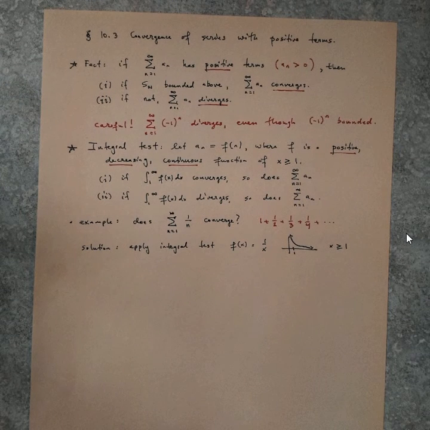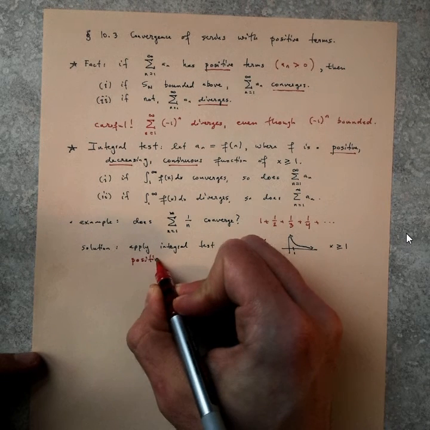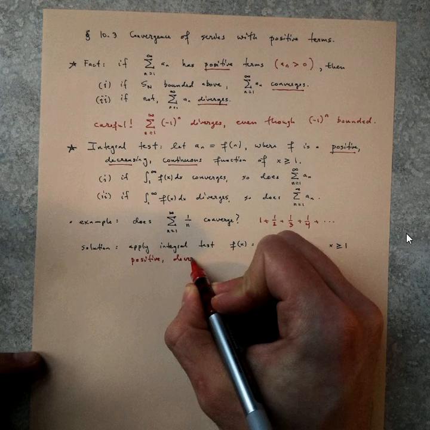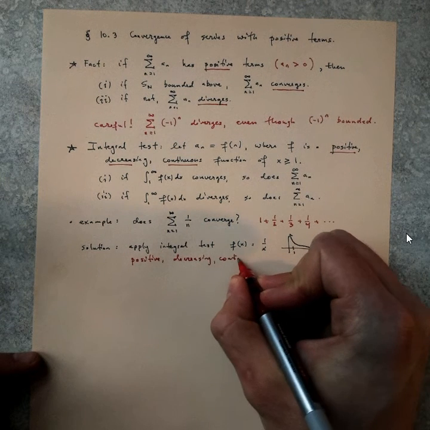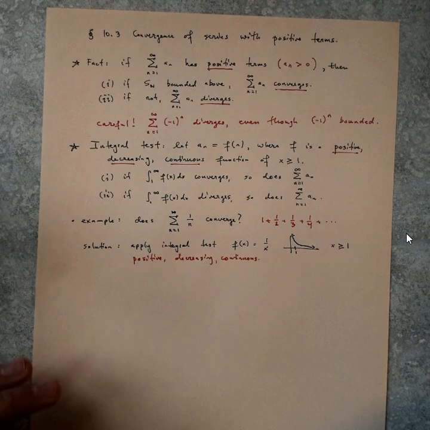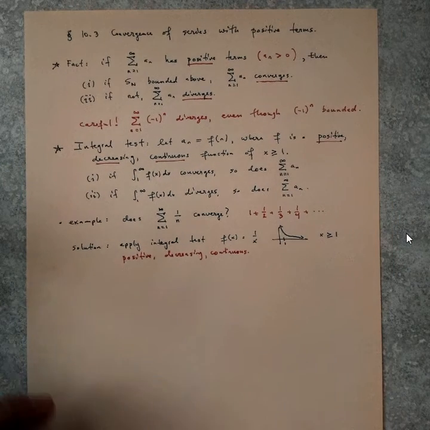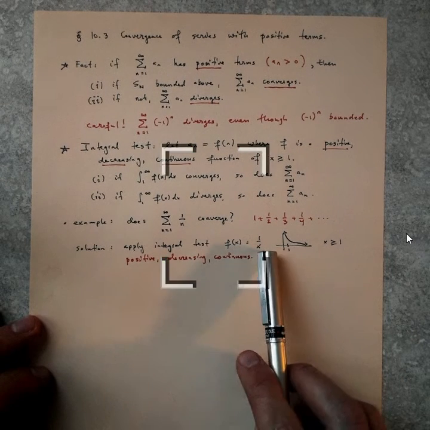So certainly this is positive, decreasing, and continuous. So I can apply the integral test. You can tell it's decreasing because it's going down, but you could also take the derivative and check that it's negative.